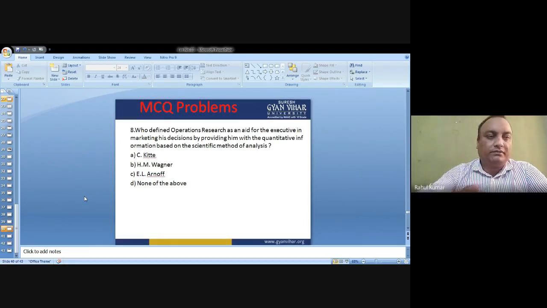Slide number 40, and this is question number 8. Who defined operation research as an aid for the executive in making his decision by providing him with the quantitative information based on the scientific method of analysis? CKT, H.M. Wagner, E.L. Arnoff, and none of the above.